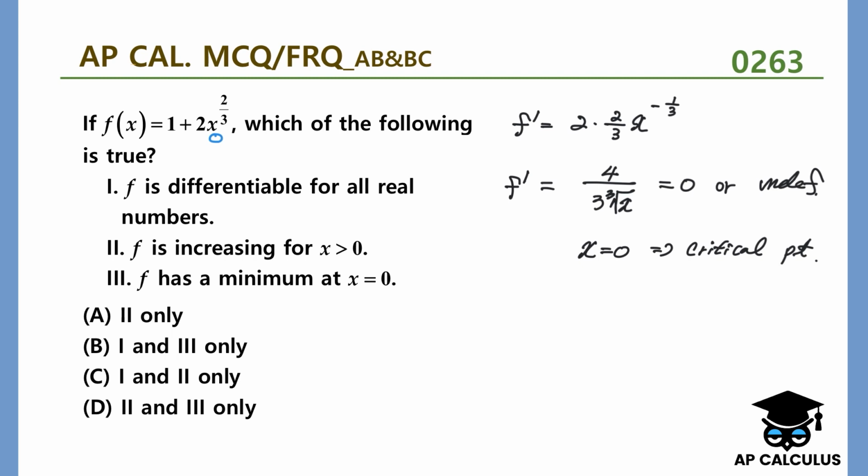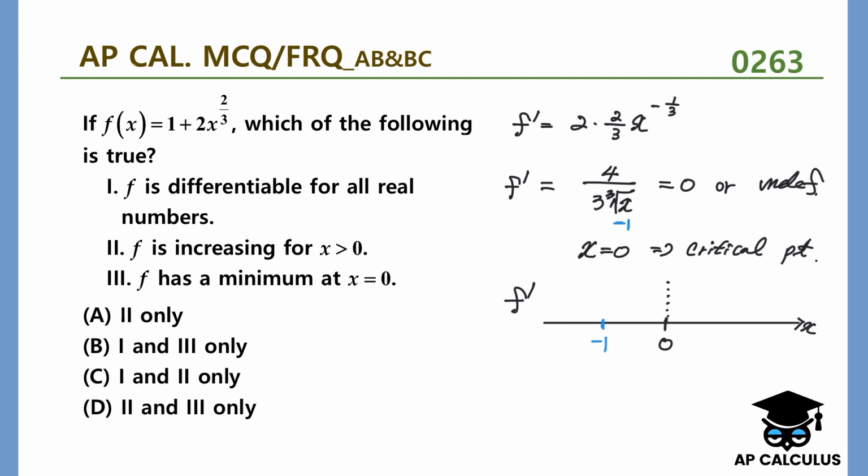So we're going to do the first derivative test now. Let's draw with the black. Here's a 0, and f prime. We're going to test these two intervals. When x is less than 0, let's substitute -1. If x is a negative value, all of this expression is negative, right? Because the cube root of -1 is -1.